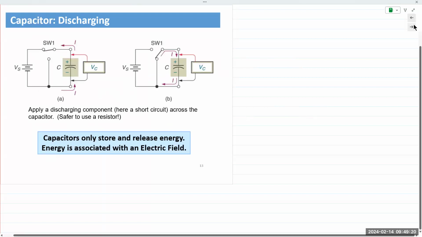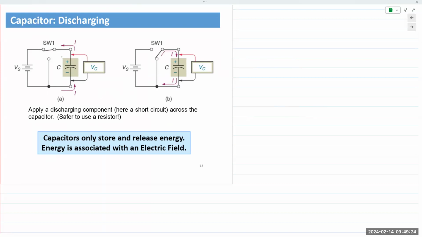All right, discharging. I just talked about discharging. Basically, you can take the capacitor out and you can short the terminals. Obviously, we would always want to use a resistor to discharge an inductor or a capacitor. Once you connect a resistor through there, that resistor opposes the discharge of energy all at once. The current or the voltage will flow through the resistor slowly, and the resistor would dissipate the energy in the form of heat.